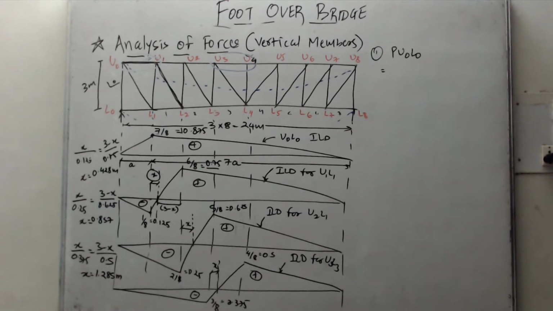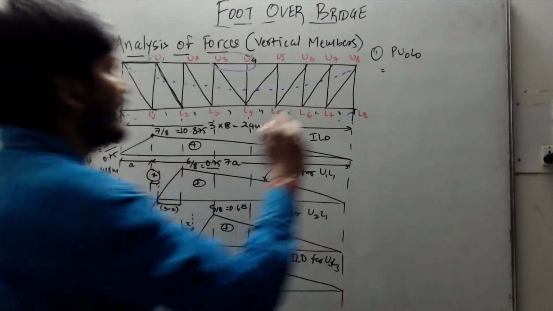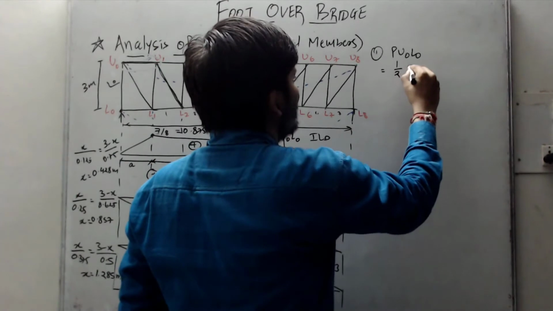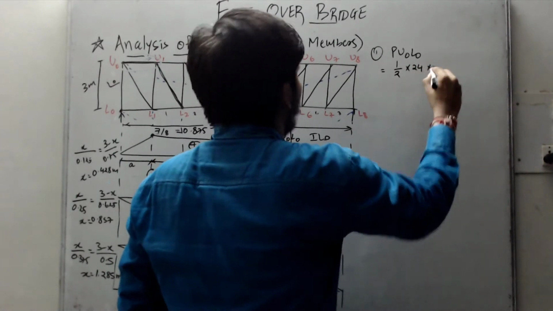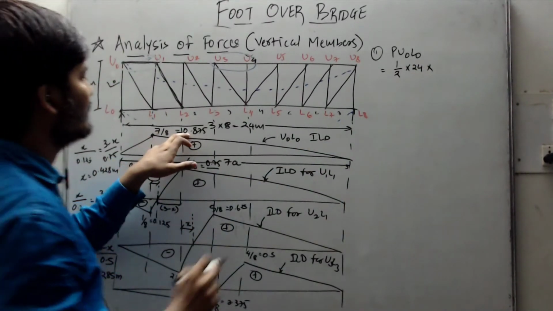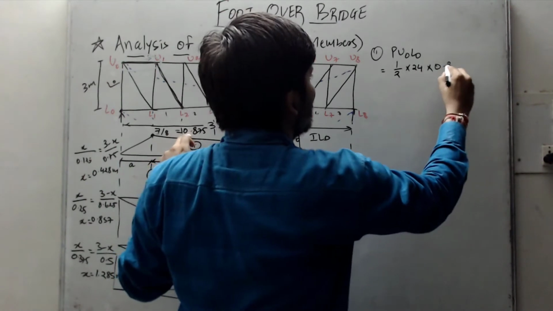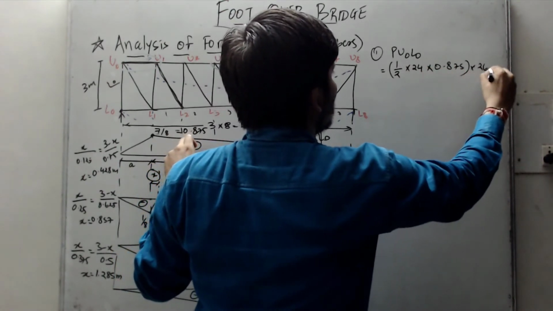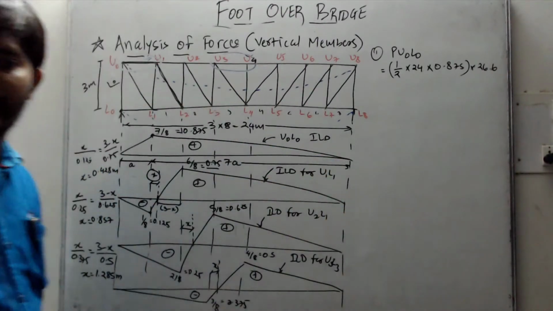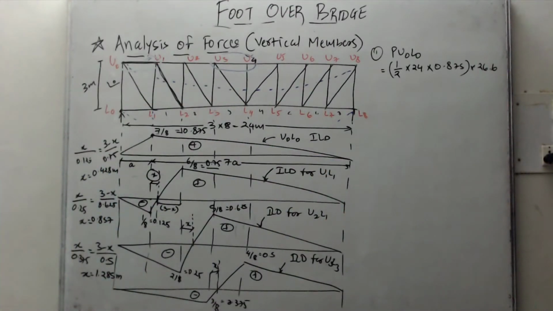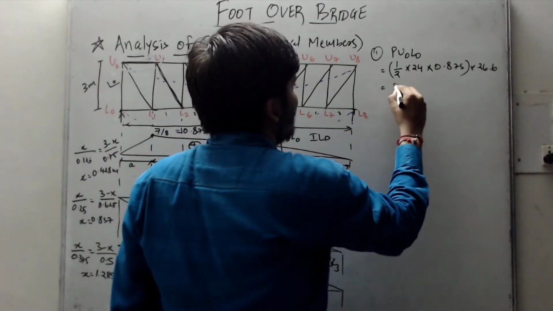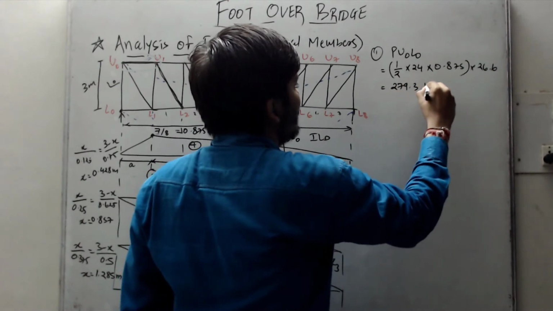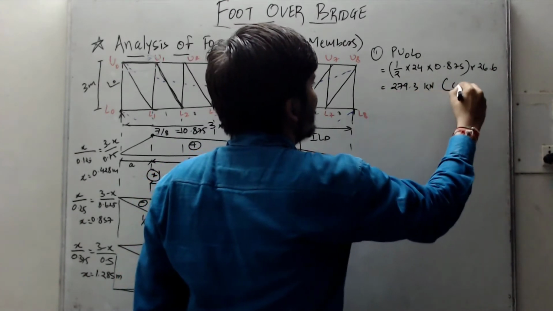So 1/2 multiplied by 24 multiplied by height for this triangle, which is 0.875, multiplied by UDL, 26.6. If you calculate this, you'll get your answer as 279.3 kilonewton. So answer is positive, that's why it is compression.